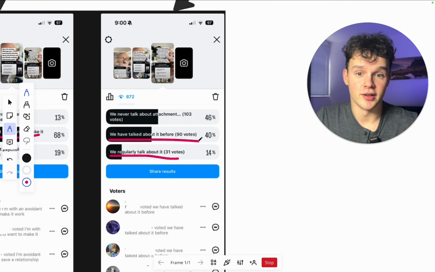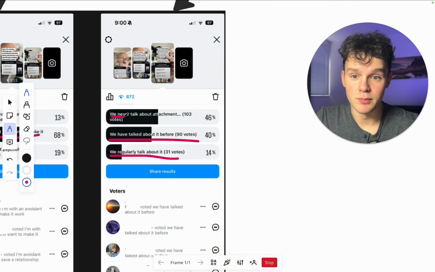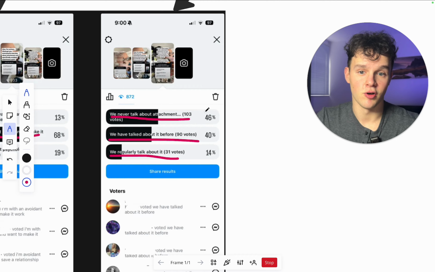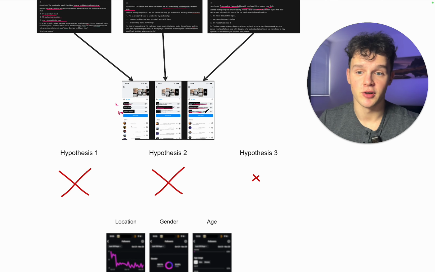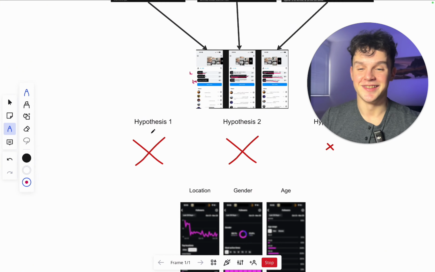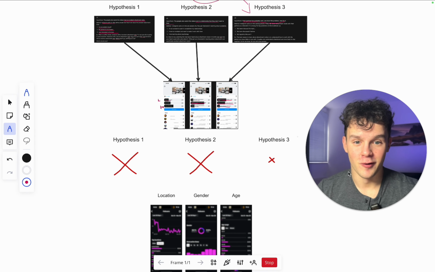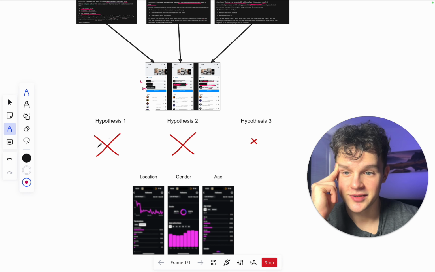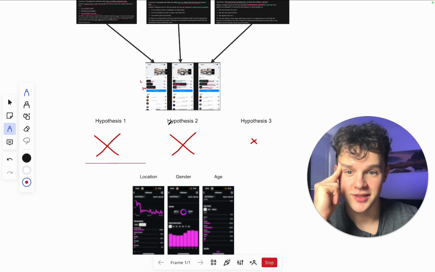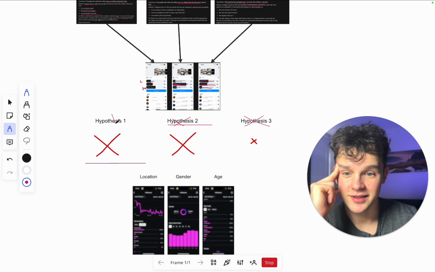But as it turned out, with a majority, people never talk about attachment at home. That's 46% of the audience, of the sample size that we've gotten. So here is the actual result of the hypothesis test, which turned out to be hypothesis 1 disproven, hypothesis 2 disproven, hypothesis 3 also disproven.